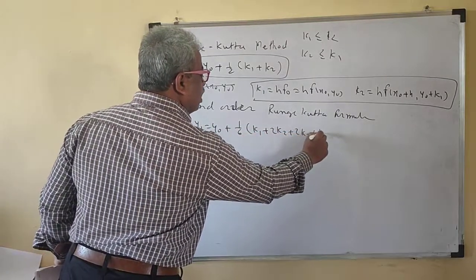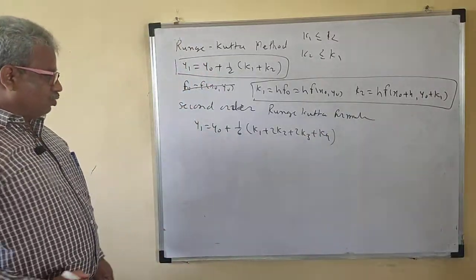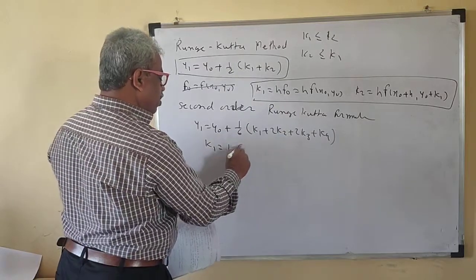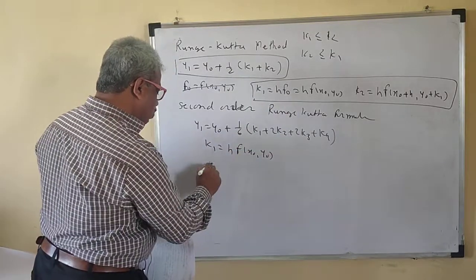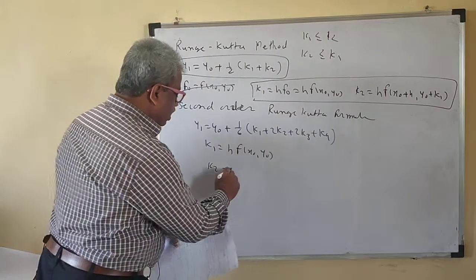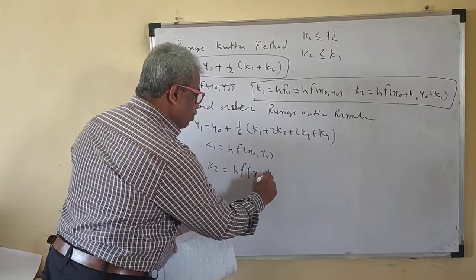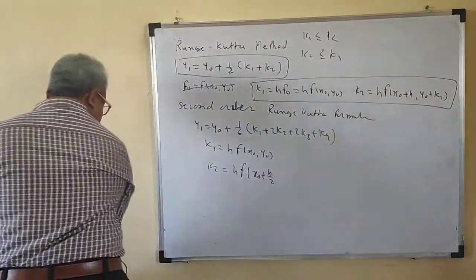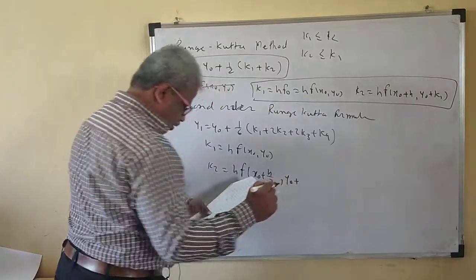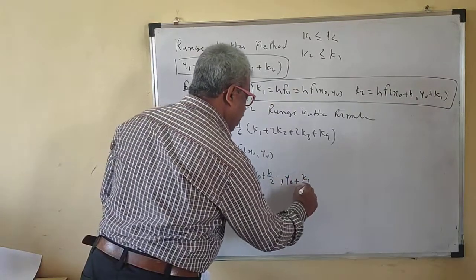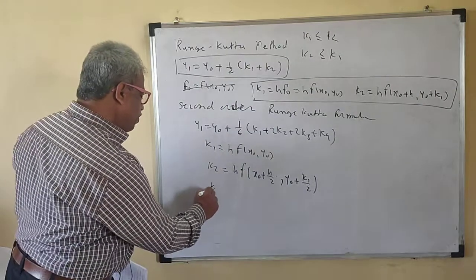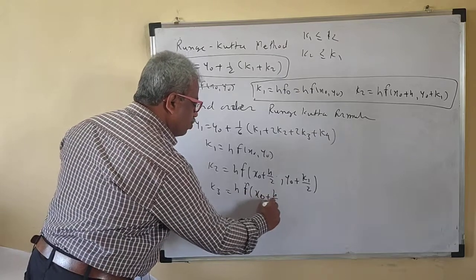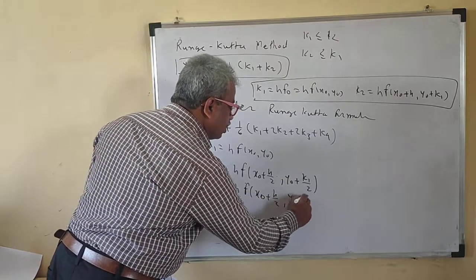Here k1 is the same, h f of x0, y0, but k2 is different. K2 is h f of x0 plus h by 2, y0 plus k1 by 2.